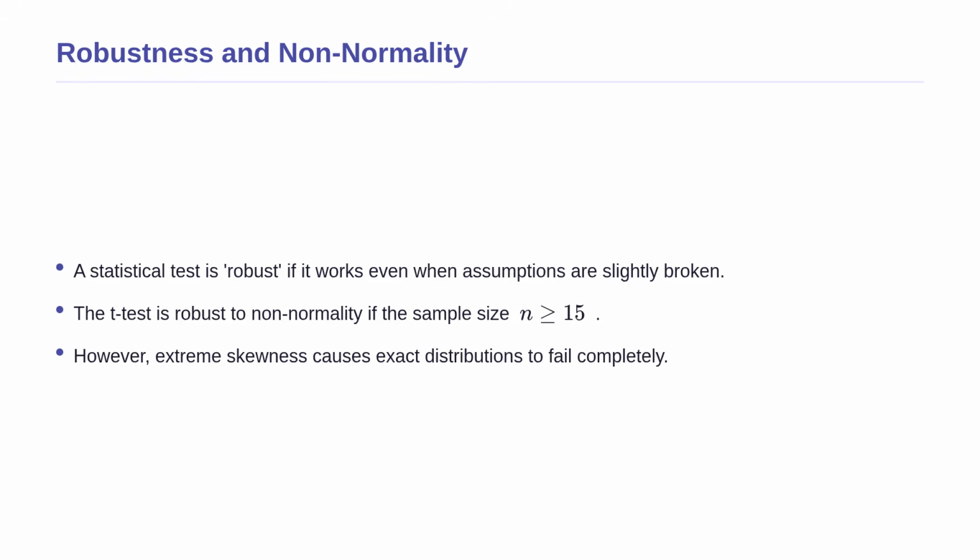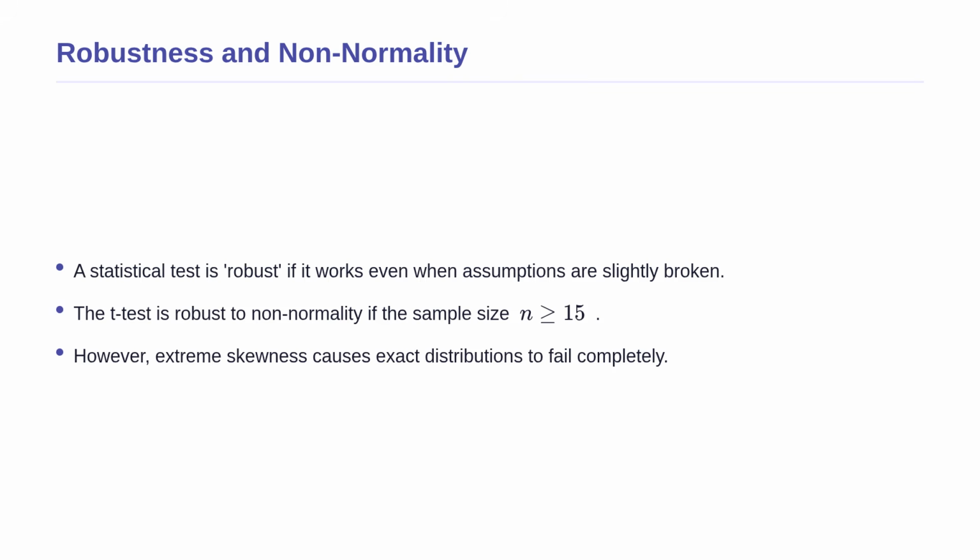So, we have successfully applied the t-distribution. But this leads us to an important question. What happens if the real world is not perfectly normal? This introduces the concept of robustness. A statistical test is called robust if it still gives accurate results even when its underlying assumptions are slightly broken.